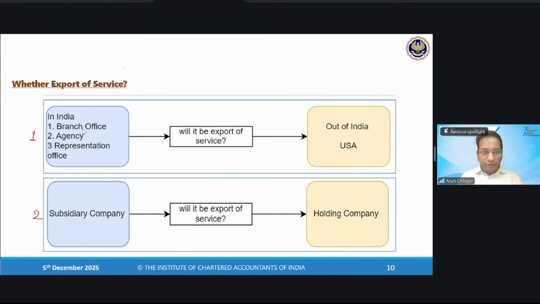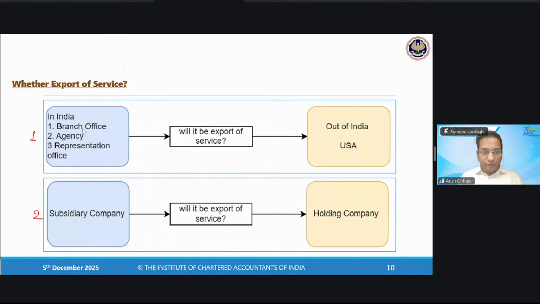Now, I am going back again and again to the fifth condition because the language is typical. The supplier and the recipient are not merely establishments of a distinct person in accordance with explanation 1 of section 8. Now read what explanation 1 of section 8 says.